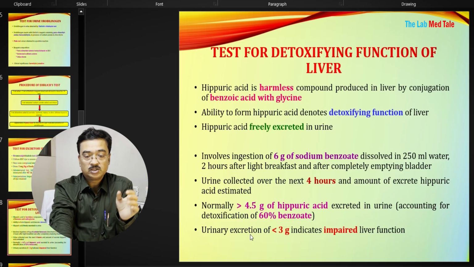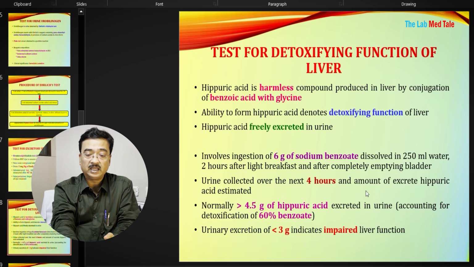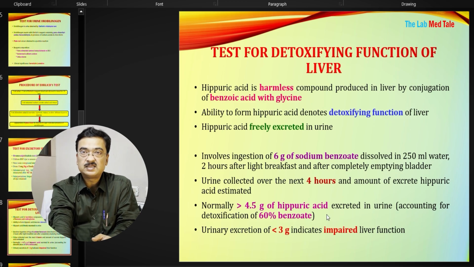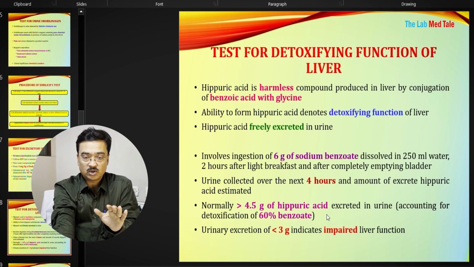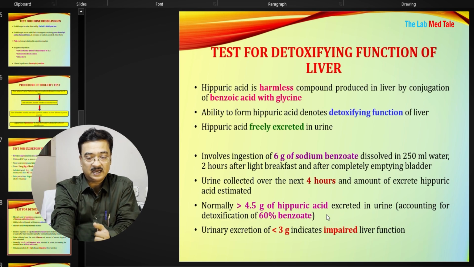If more than 4.5 gram of hippuric acid is excreted in urine, then it is fine. But if it is less than 3 gram per day, the detoxification function is not working properly, and there is impaired liver function.